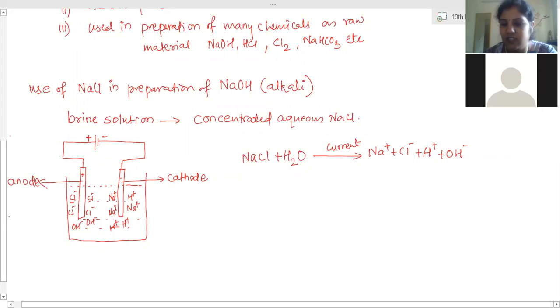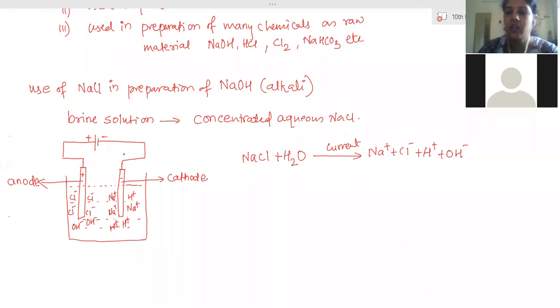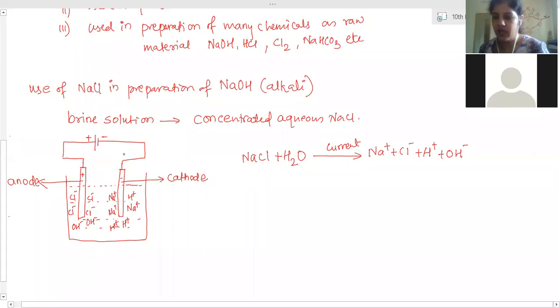Which one will get converted into an atom? In this electrolysis process, as I already explained, electrolysis is the reverse of ionization. Normally, sodium and chlorine form ions, but here the ions are present, so ions convert back to atoms. In the process of electrolysis, the ions get converted back to atoms.